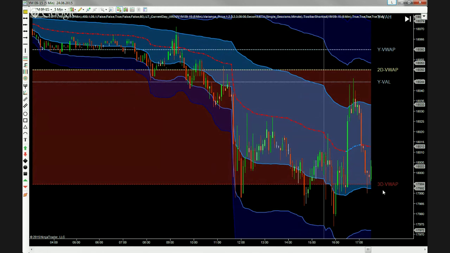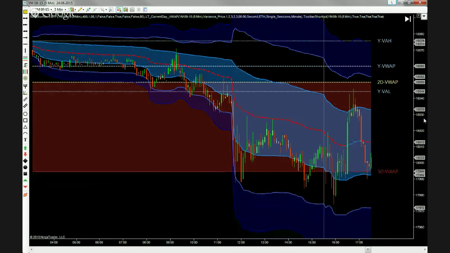So basically it's important to make a note of where these levels are, and that's what the Daily VWAP indicator does for us. And later on we will make sure to utilize these price levels in our trading strategy to make sure that we don't miss out on any trading opportunities around these price levels.